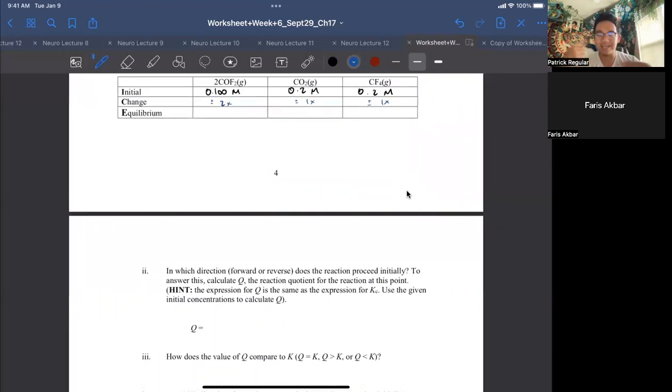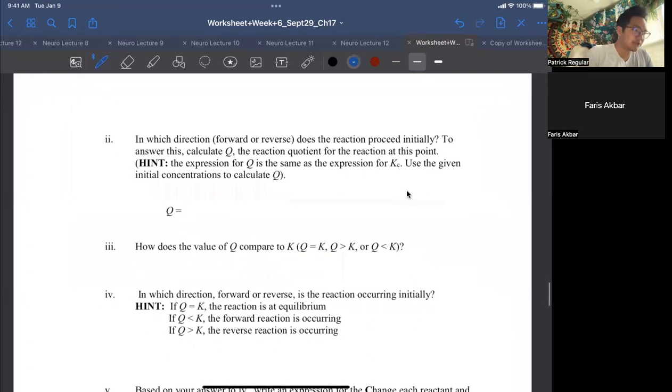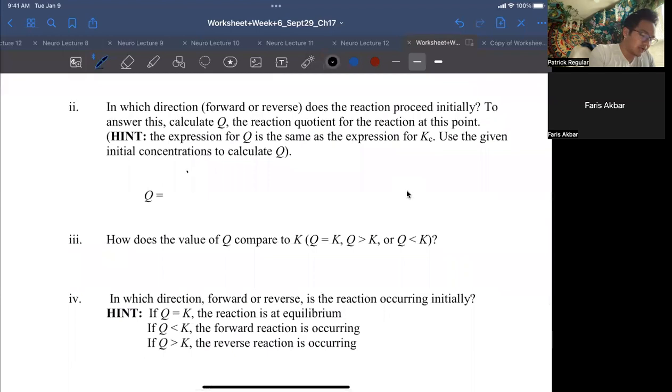So you should go ahead and make that connection. K must be at equilibrium. The moment the reaction is not at equilibrium, you're looking at Q. The moment it is explicitly at equilibrium, you can use K. Make that distinction. So Q equals, remember, CO2 times CF4, both to the first power, over COF2 to the second power. It's the same expression, just with different non-equilibrium numbers. Okay, this Q is very related to K because they're the same equation.